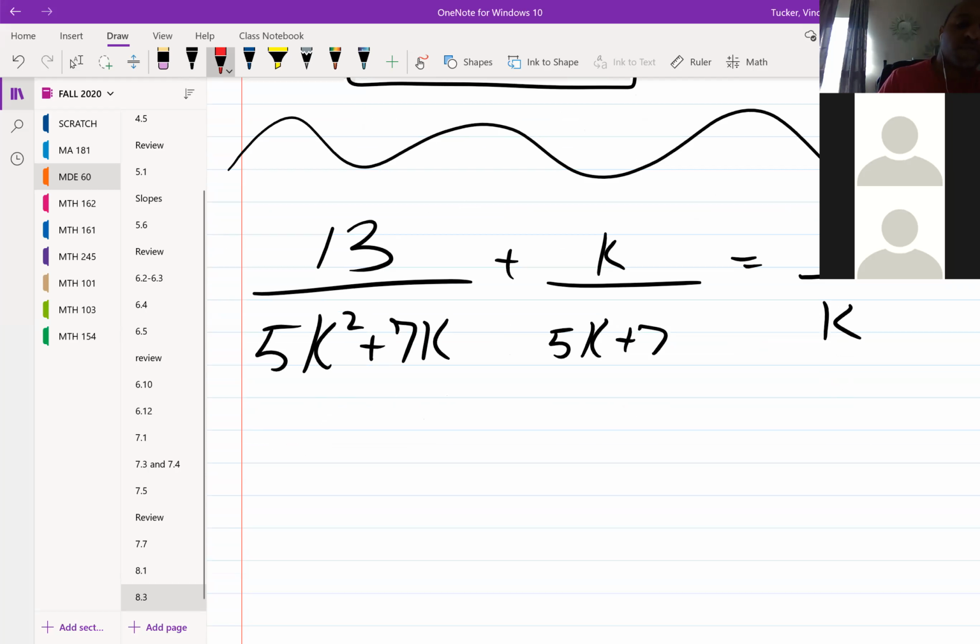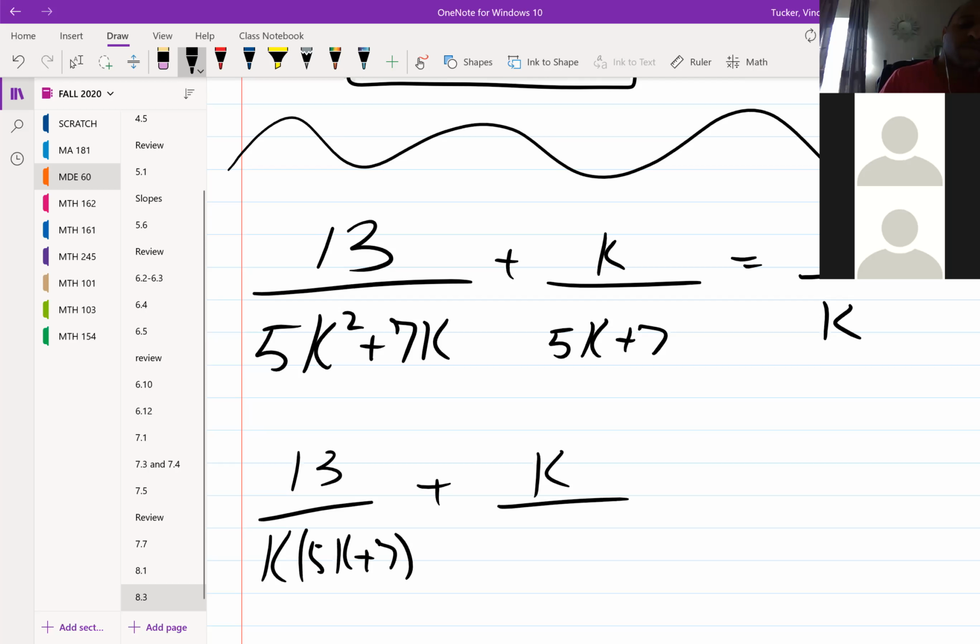I rewrite it as 13 over k(5k plus 7). The second expression I rewrite is k over 5k plus 7, equals 1 over k.